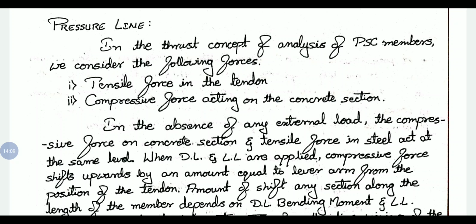As I said, when you release the tendon, it will be under tensile stress, and the same tensile stress will in turn apply a compressive force on the concrete. So when we consider only pre-stressing force acting in the member, both the tensile stress in the tendon and the compressive stress in the concrete will be at the same level.